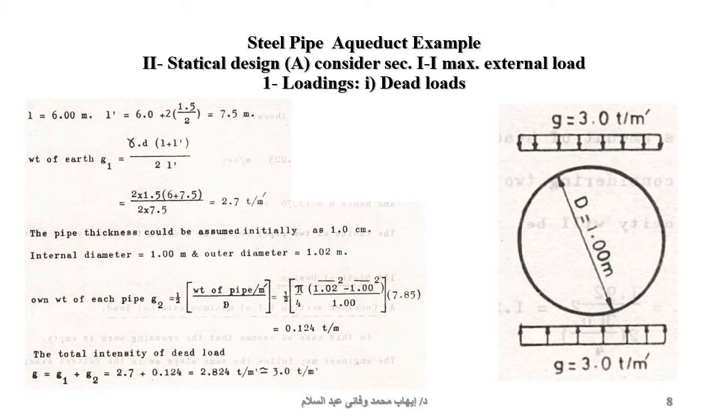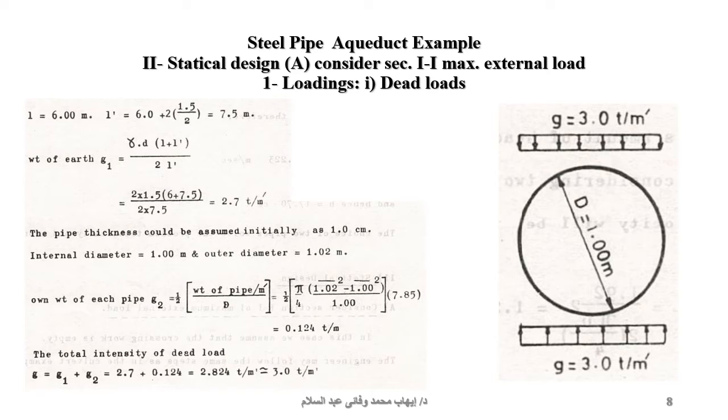On weight of earth, we calculated per meter run, 2.7 ton per meter run. The pipe thickness could be assumed initially as 1 centimeter. Internal diameter 1 meter, outer diameter 1.02 meter.